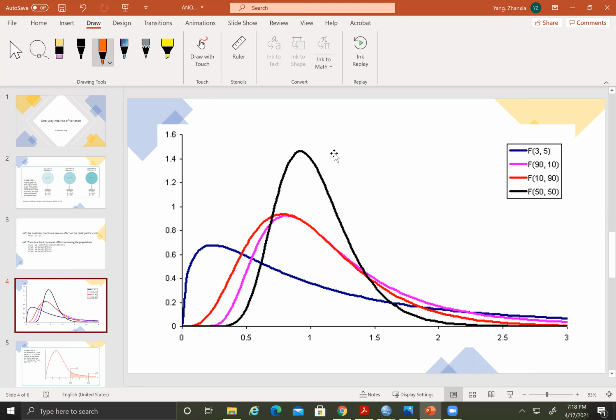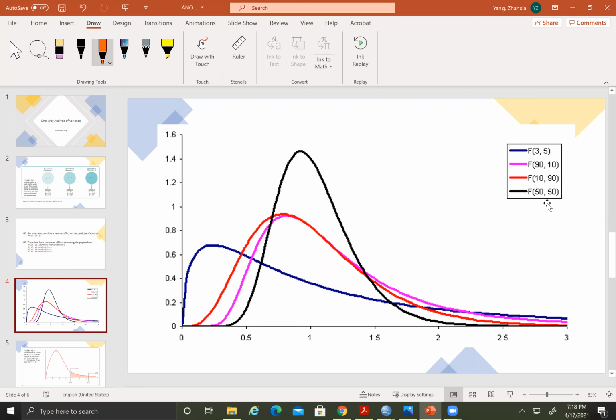For example, these are F distributions, and you see on the side the degrees of freedom. For any F distribution, if you have the specific degrees of freedom for the numerator and the denominator, then you have a fixed reference F distribution.